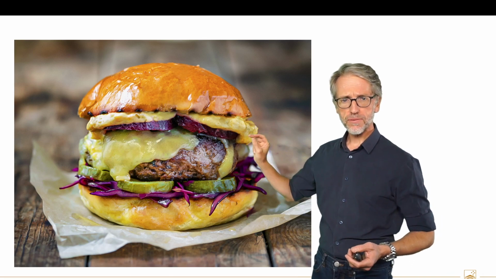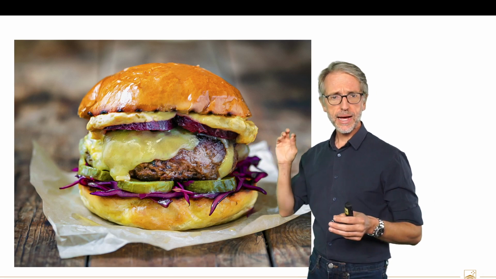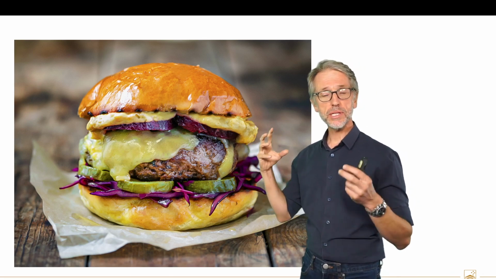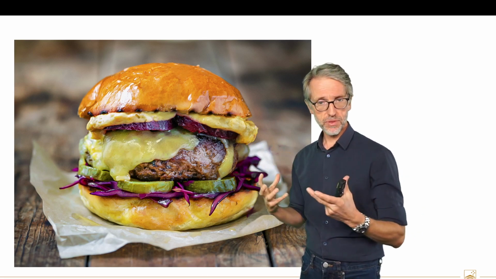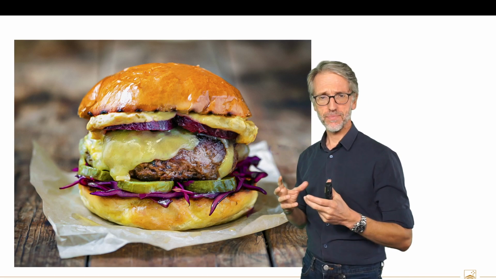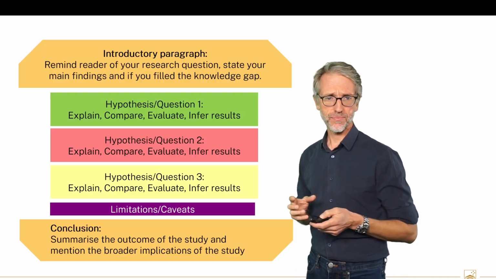But those flavour notes don't dominate. They are smaller components of the overall picture, important in terms of giving the burger a full flavour, but they don't dominate. What does this have to do with a discussion?